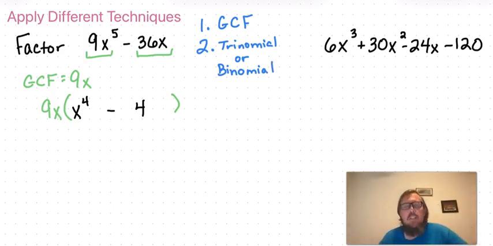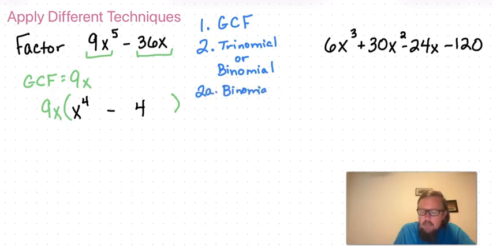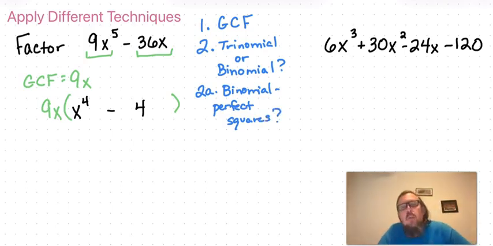If it's a binomial, also two parentheses, but binomials typically have a shortcut. So if it's a binomial, which in this case it is, we're going to call this step 2a. If it's a binomial, then we are looking for perfect squares. Do we have perfect squares? In this case, we do. x to the fourth and 4 are both perfect squares.